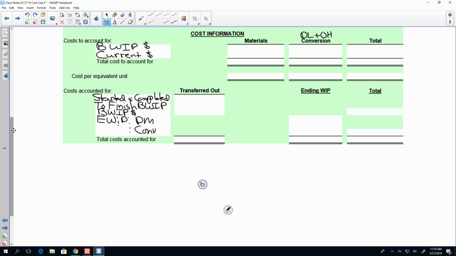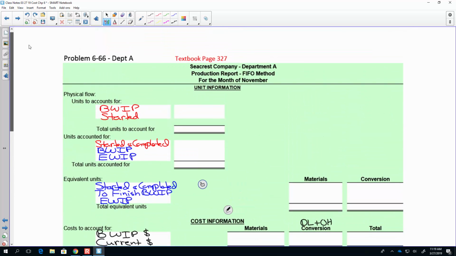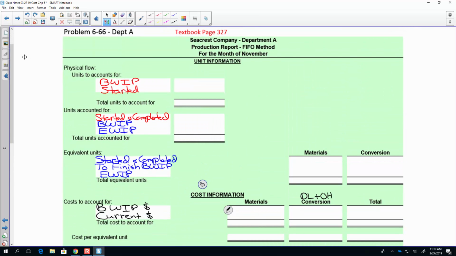Okay, so back to Department A. On page 326, what's my beginning units? 5,000, right? We're back in Department A, so we're back at that 5,000 for beginning units.